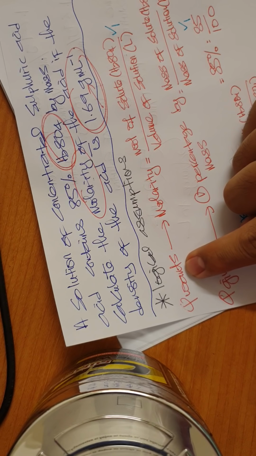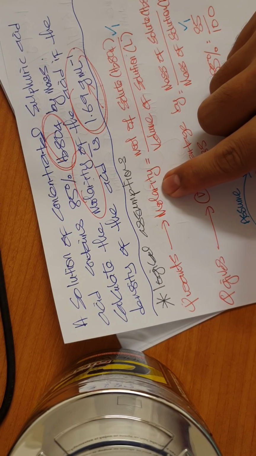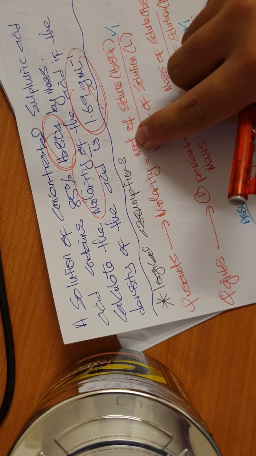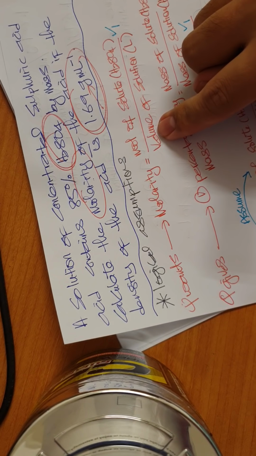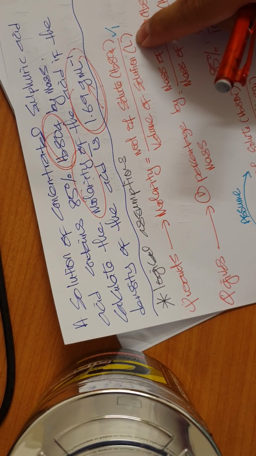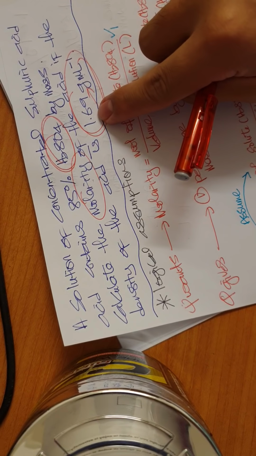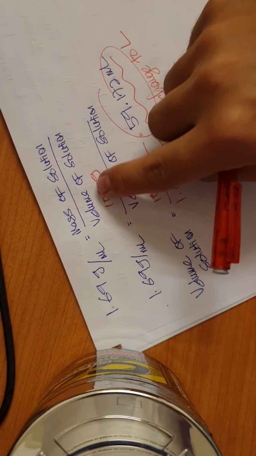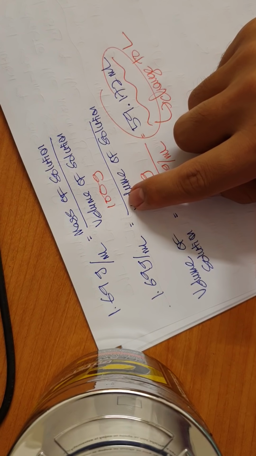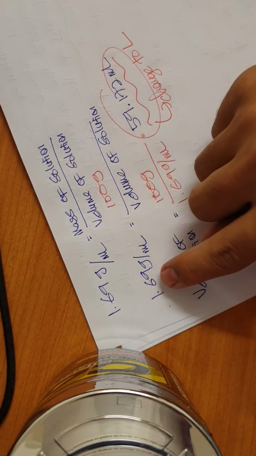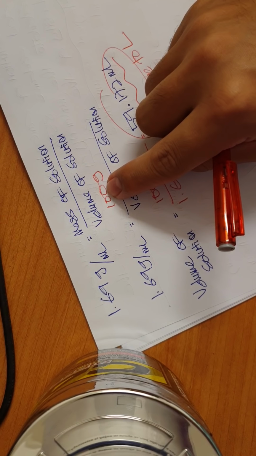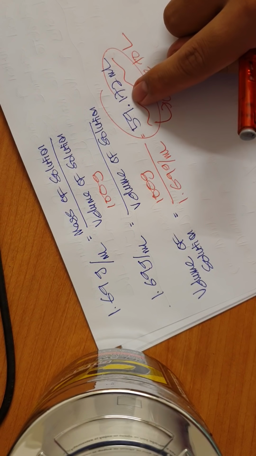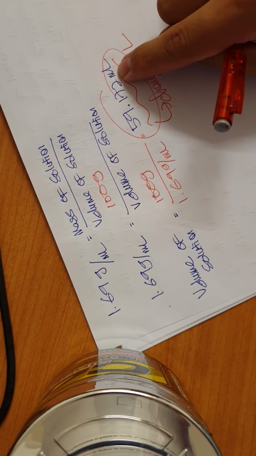The question wants you to find molarity, and in molarity, mole of solute is divided by the volume of solution in liter. The density is in milliliter. When you work out the volume of solution from the density and from the assumed mass of solution, you will be getting information in milliliter.